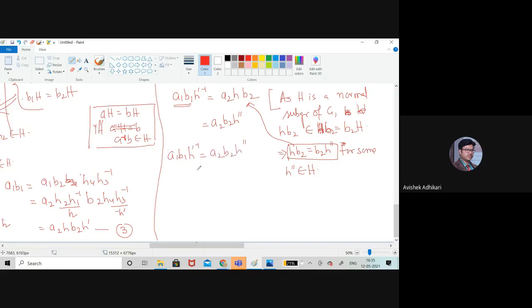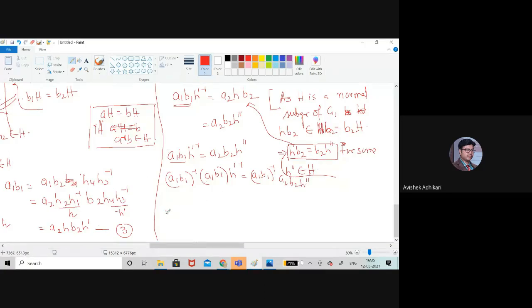We get it, right? Now if I multiply both sides first by A1 B1 inverse, then we get A1 B1 H dash inverse equal to A1 B1 inverse A2 B2 H double dash.